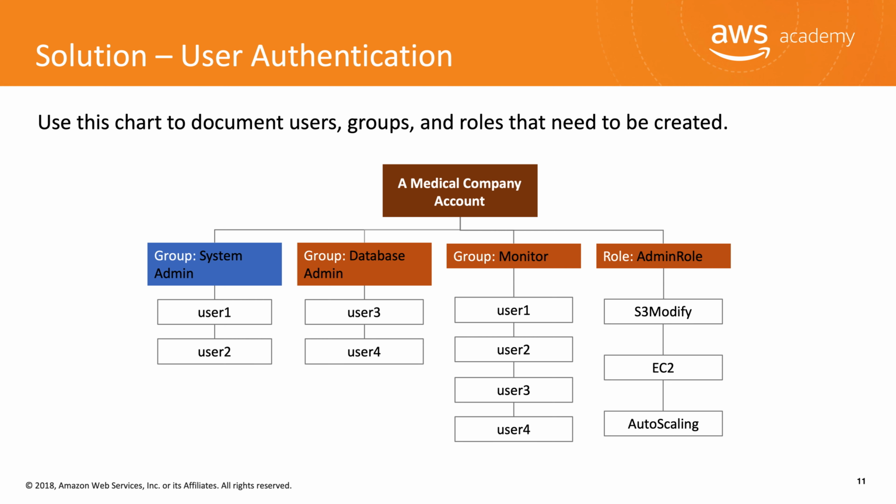And also we need a role which grants the users some permissions to do things, like they can read and write the S3 bucket, they can monitor the activity happening on the EC2 server, and also they can do auto scaling.